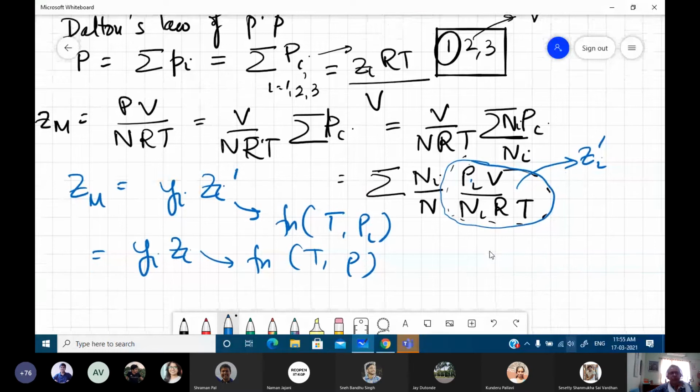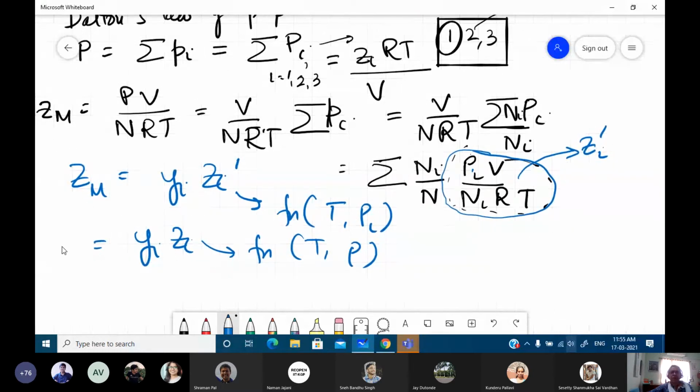So you can define the mixture compressibility factor either from Amagat's law of additive volumes or Dalton's law of partial pressure, and in both cases you have the same equation: the mole fraction times the component compressibility factor.